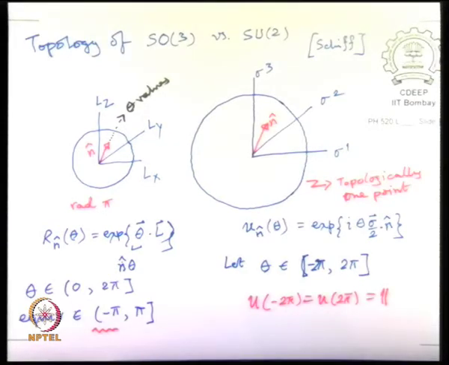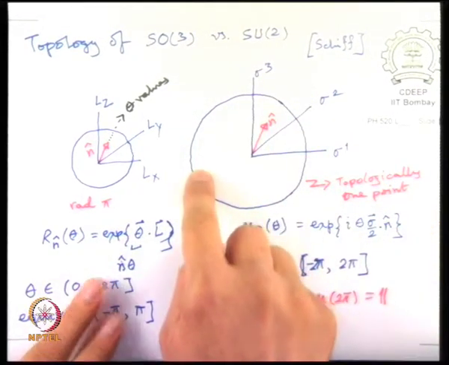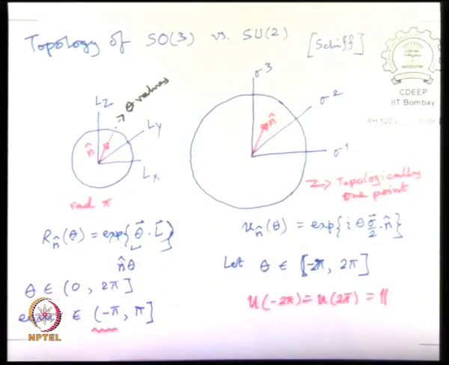So, forget about n cap because it takes various values, but you let theta increase, you get a sequence of 2 spheres until you reach the outermost 2 sphere, which is corresponding to 2 pi, but that whole sphere is actually just one point. Topologically it is the same thing. The connectivity is such that all of these points are actually just one point, they are not distinct points.